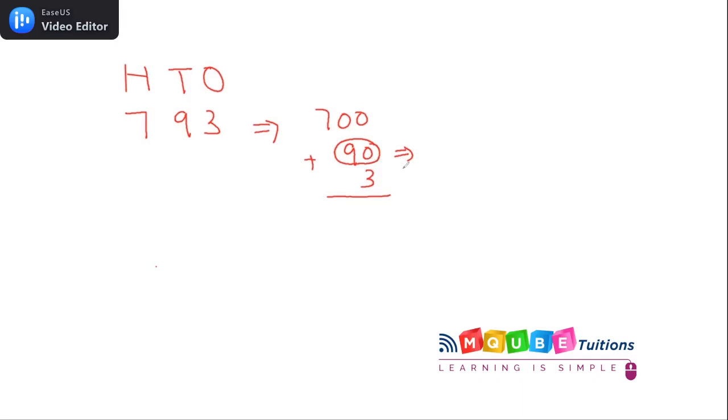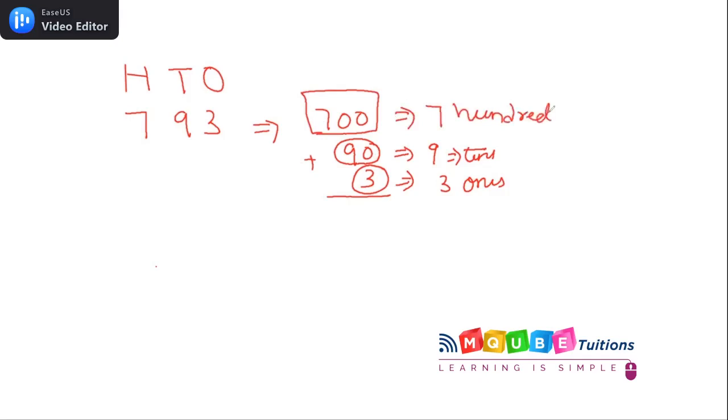There are 9 tens. Very good. And how many ones are there in 3? There are 3 ones. And can you guess how many hundreds are there in 700? Very good. 7 hundreds are there.